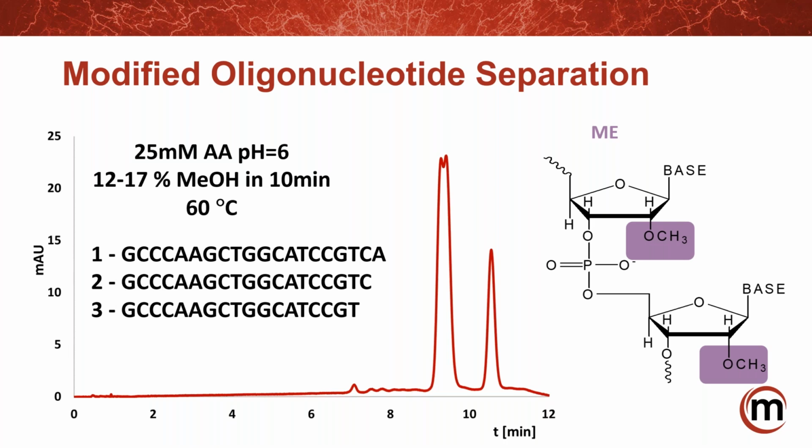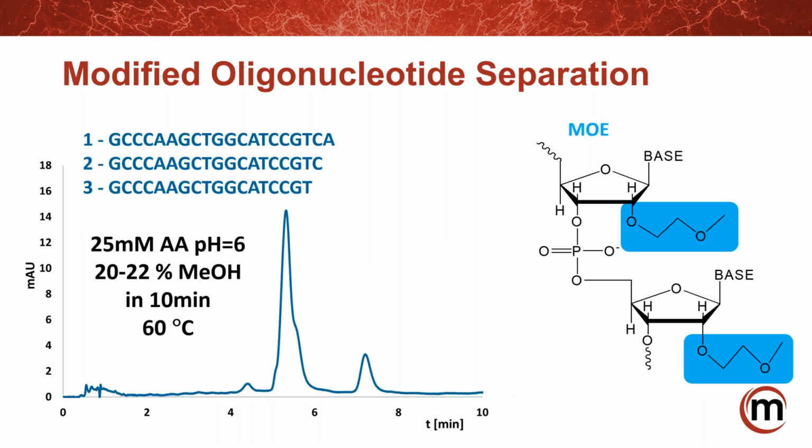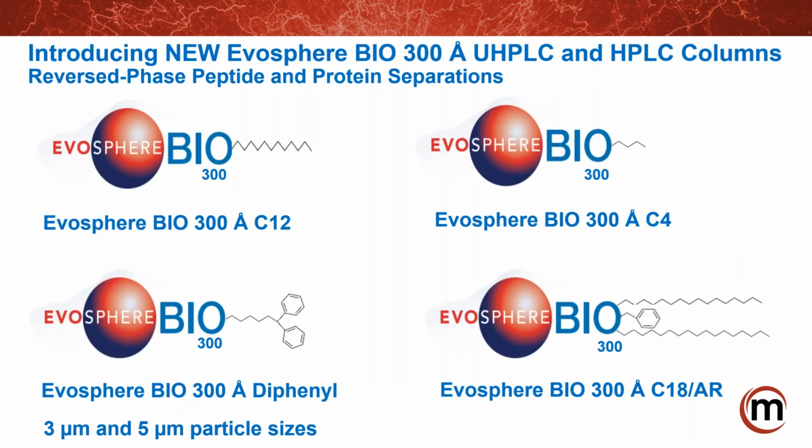This was just looking at ammonium acetate, and you can always benefit from further method development. The point here is you see 2 start to pop out, but this is actually in the elution order of 1, 2, 3. And this is the methyl ethyloxy modified system.